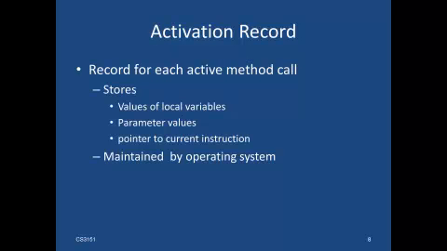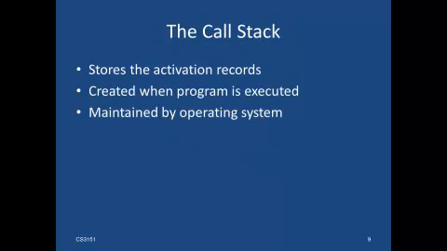The operating system stores all activation records of active methods in one collection. In particular, the operating system uses a stack to store the records. This stack is called the call stack or activation record stack. Why use a stack? Well, because if a method terminates, execution continues with the most recently made method call.